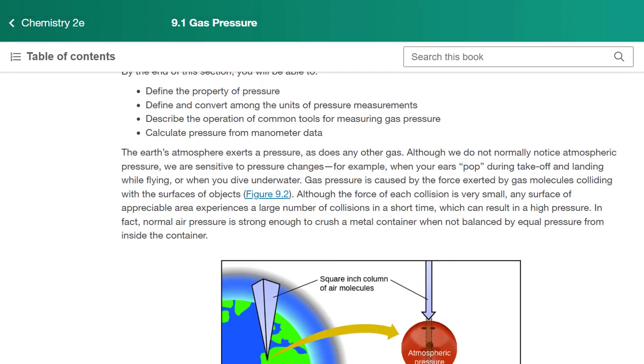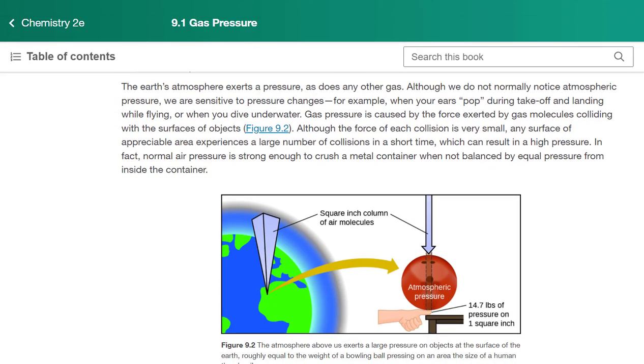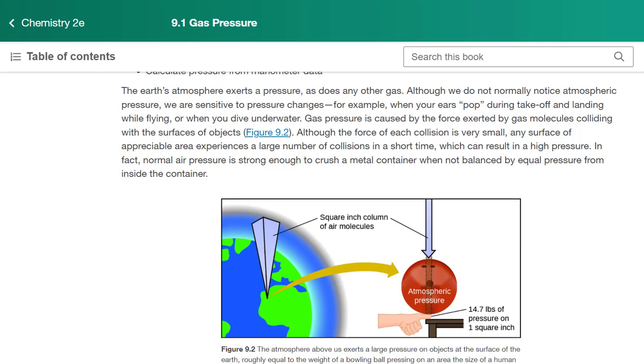We actually already have a lot of pressure in our lives simply by living on the earth. The pressure of the gases in the atmosphere is always going to be present, and that's because we have an atmosphere full of gas molecules.